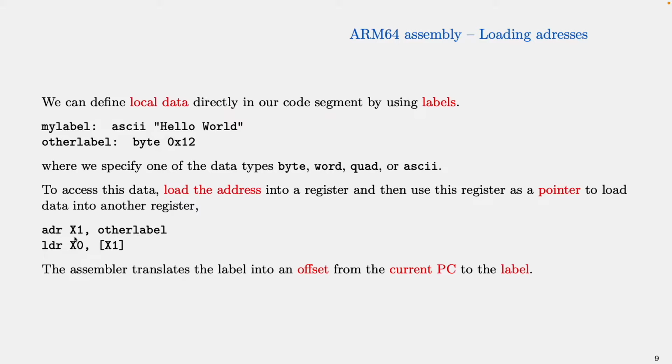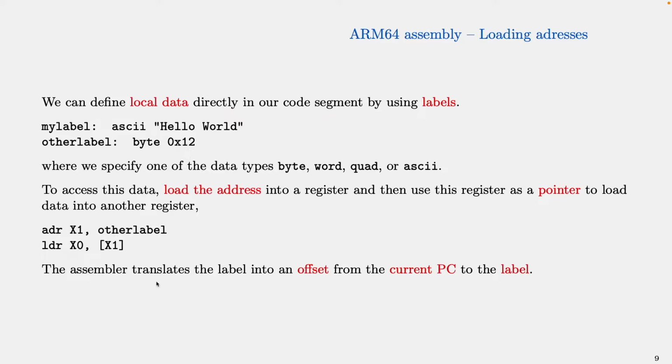So this instruction would load the address corresponding to other label, so the address where this byte is stored, into x1. And then we can use the by now familiar load instruction to take the data at x1 and load it into x0. So after these two instructions, x0 would contain the value hex 12.